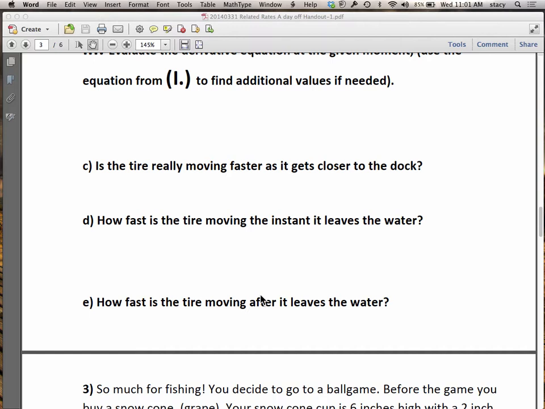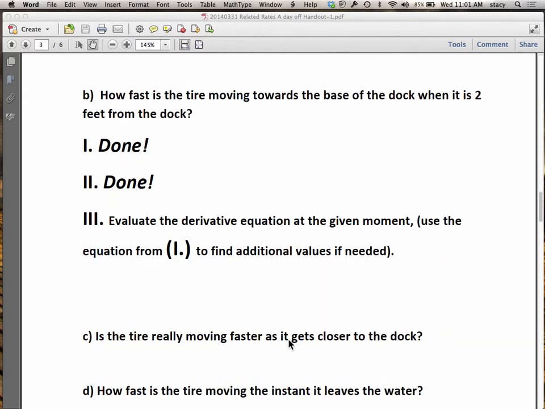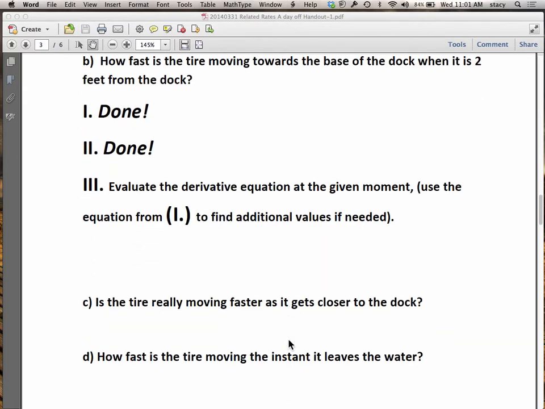Beautiful, right? So the scientific method, okay? So we already found the rate of change when x was 2. So if we find the rate of change when x is 1 and compare the values, we can see if the rate of change got faster or slower, right? Or stayed the same. And so that's how we can answer that question.